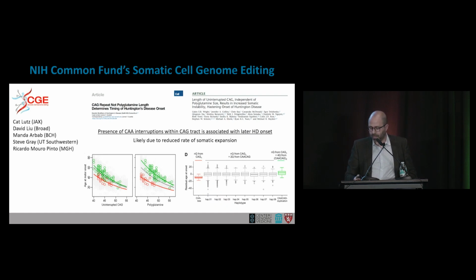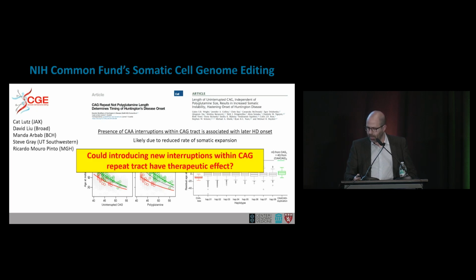We believe this is likely due to the reduced rate of somatic extensions. When you have an interruption, the repeat expands slower. So this leads you to hypothesize: could you add interruptions to the repeat to stabilize it and delay onset?